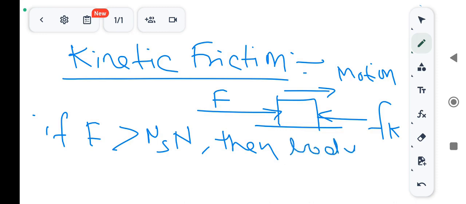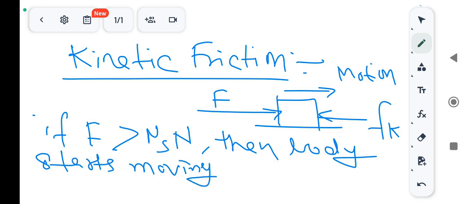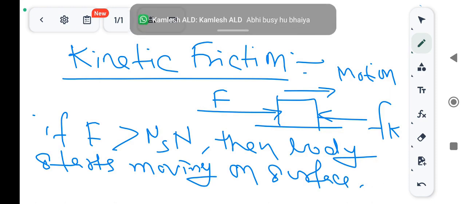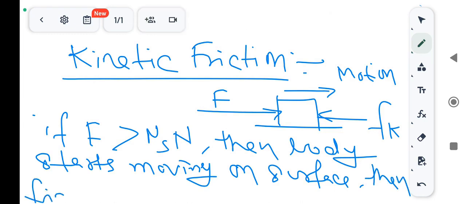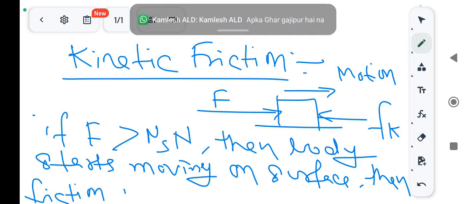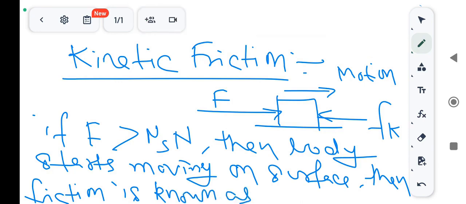Then the body starts moving on the surface, and the friction is known as kinetic.